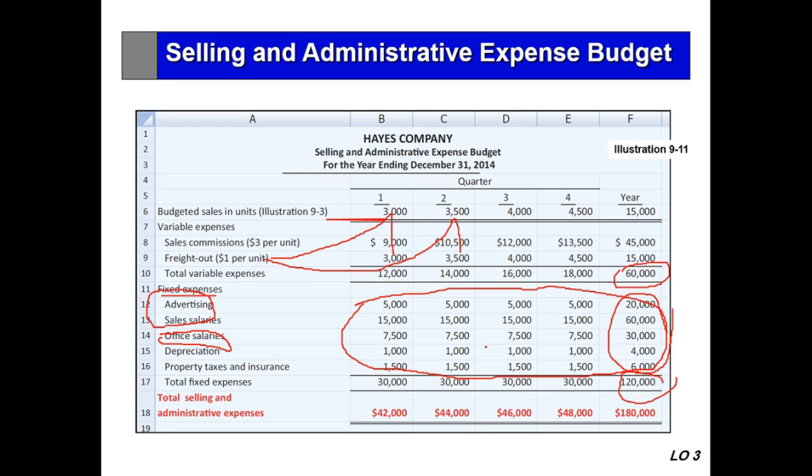The total of selling and administrative expenses, variable plus fixed, 60,000 plus 120,000, we have $180,000. Okay, here we finished the selling and administrative expenses budget.